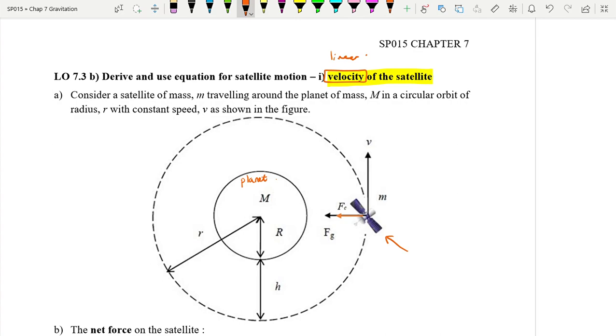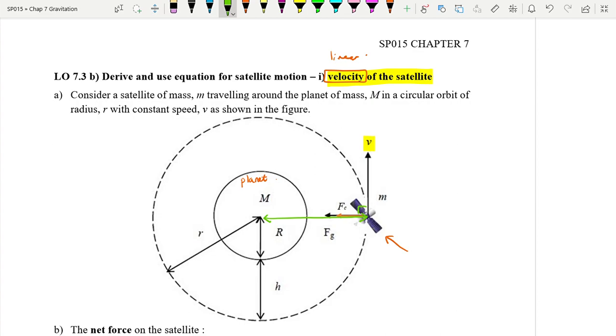Dan linear velocity ni, kita labelkan dia tangent. Sebab tu kita panggil dia linear velocity atau tangential velocity, which 90 degree to the radius of the orbit. Kalau ini adalah radius orbit kita, daripada tengah sampailah hujung orbit, so dia adalah 90 darjah. Okay, so itu kita dah belajar dalam circular motion kan, saya tak perlu discuss lebih.